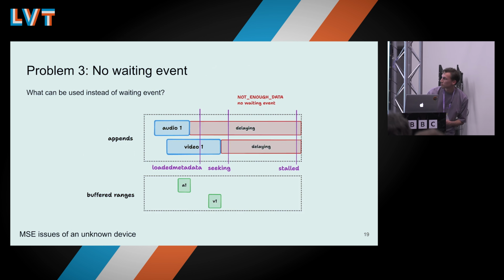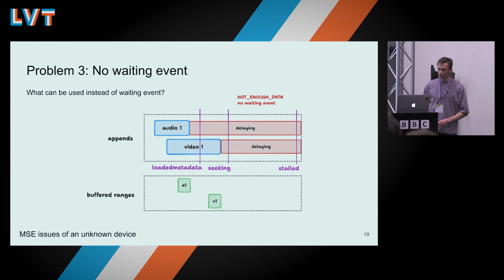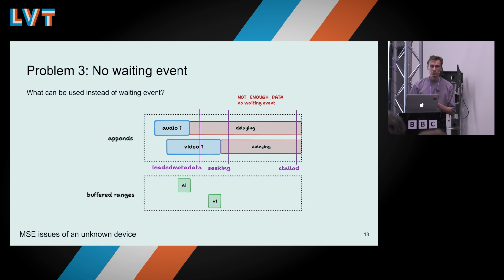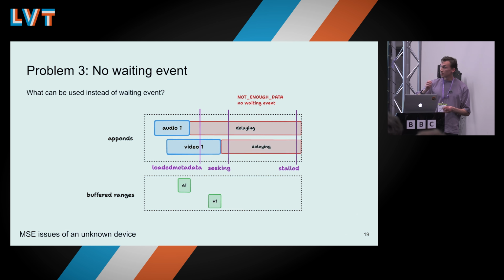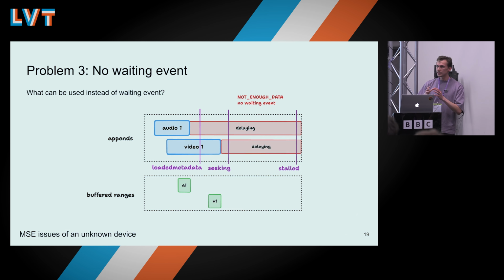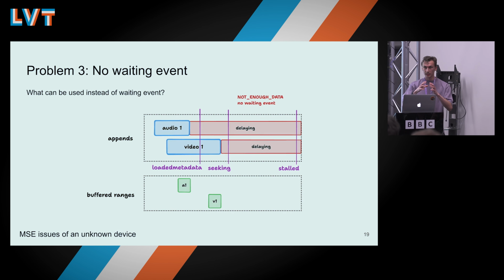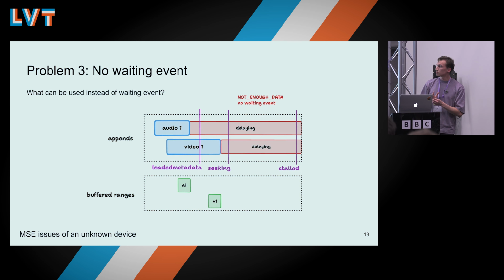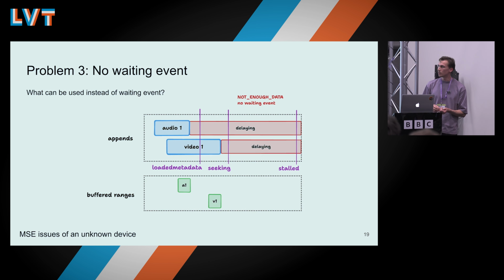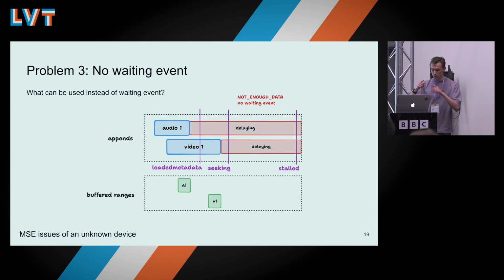But then come the problems. Why did this happen? I said we have the waiting event before a stall, right? The test I was running was a functional test. The player we had is an in-house player, and we ran the functional test in a player-only environment. It didn't have much UI, it's just the player working with MSE, showing just the video element.